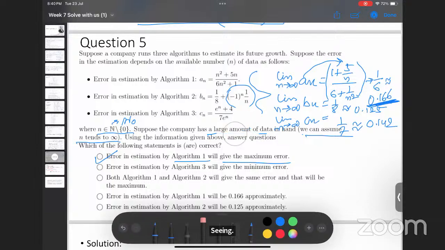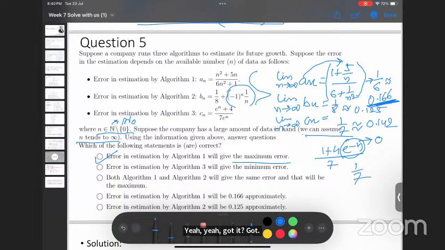So you can simply write it as 1 plus 4 into e power minus n by 7. We are multiplying both with e power minus n. When n tends to infinity, this term will be tending to 0, right? Then we will get 1 by 7.